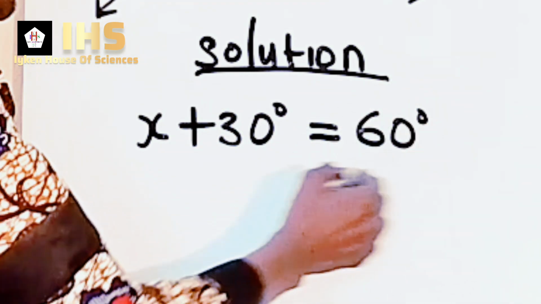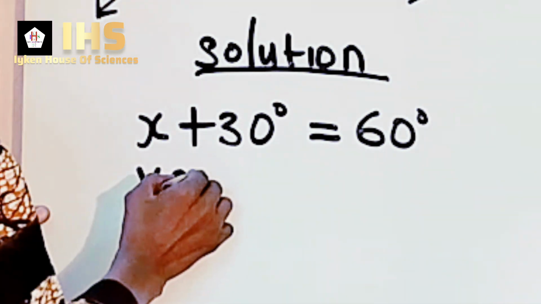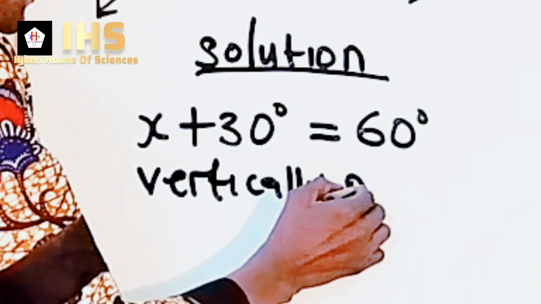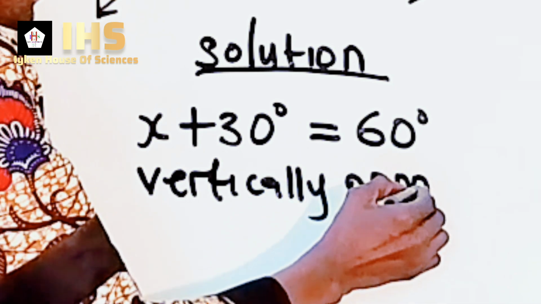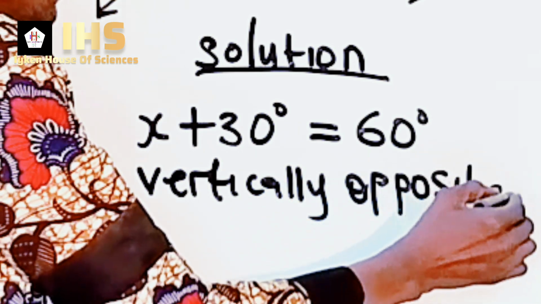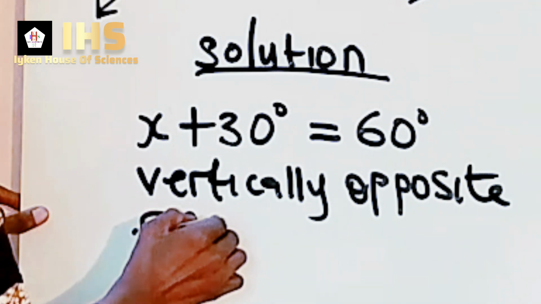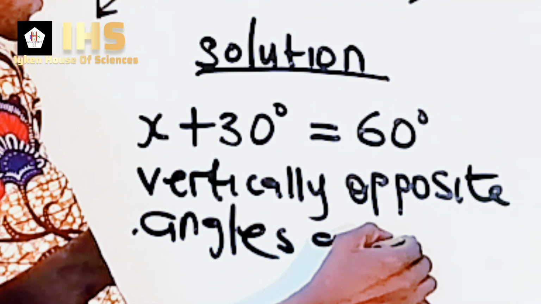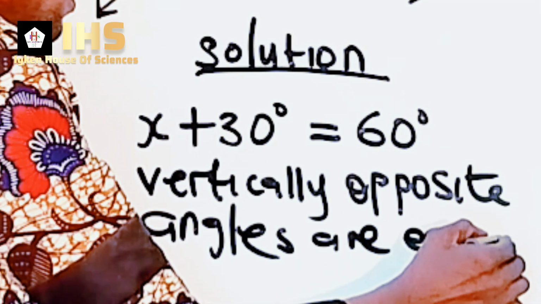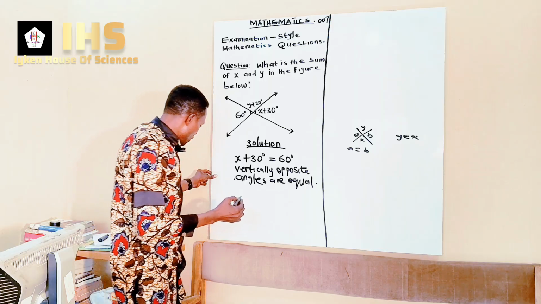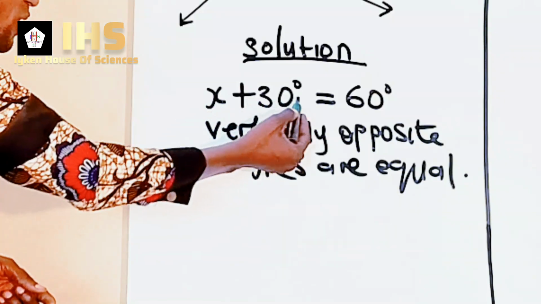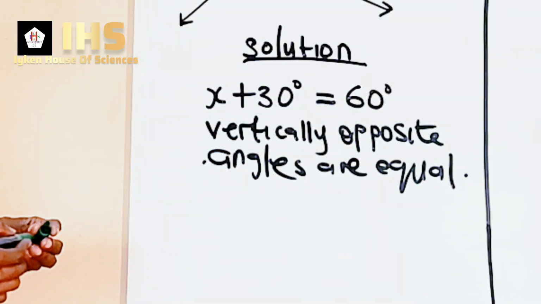So what is the reason? Vertically opposite angles are equal. So in this case, we have x plus 30 degrees equal to 60 degrees.